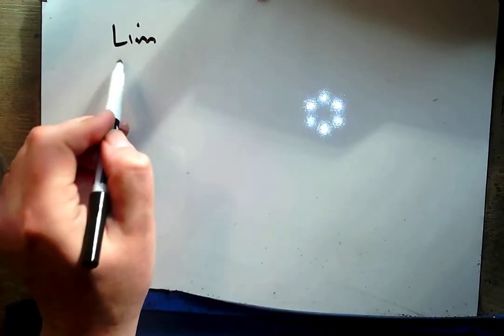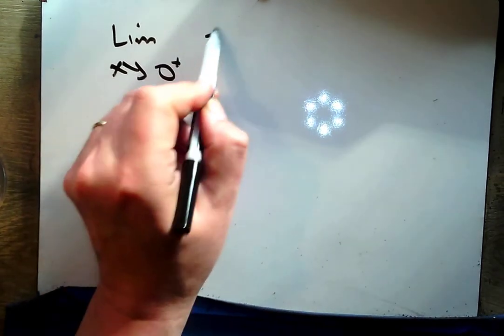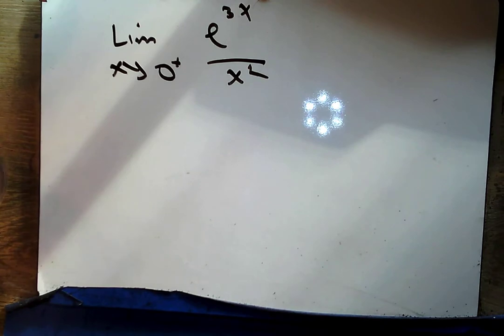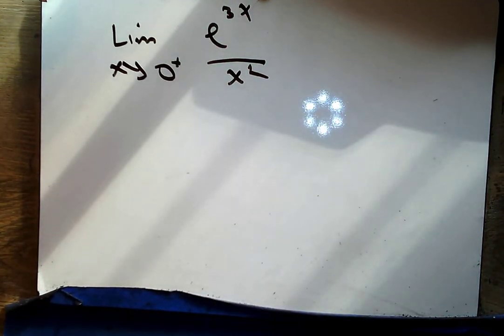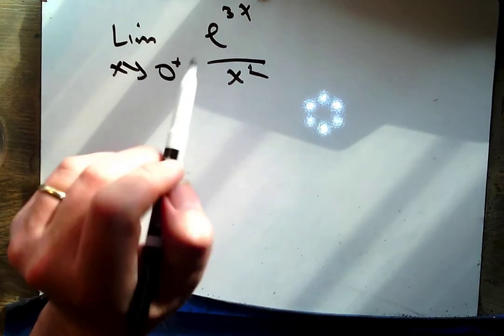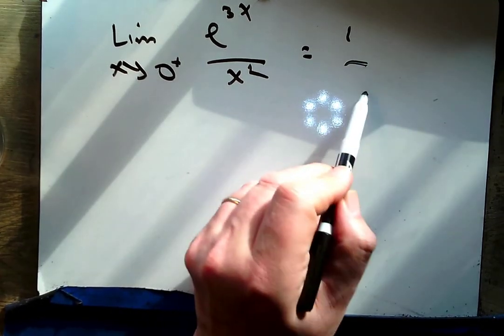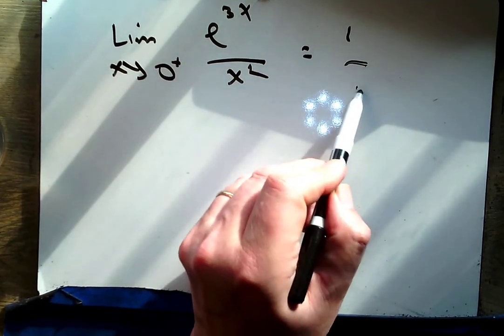The limit as x heads to 0 from the positive of e to the 3x over x squared. Will you evaluate that, please? So, ideally, you came to the understanding that this was 1 over 0 squared.